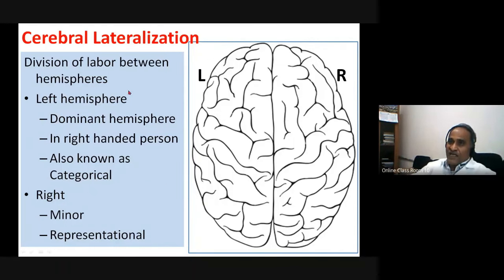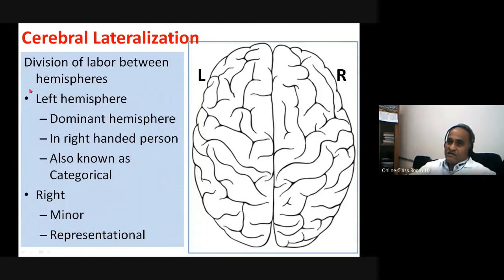So usually in a right-handed person, as the fibers cross, the left hemisphere becomes the dominant hemisphere, because in a right-handed person, mostly in 90% of the cases. In 10% of the cases, though right-handed, the person may have the right side as the dominant hemisphere, but that is a different aspect.